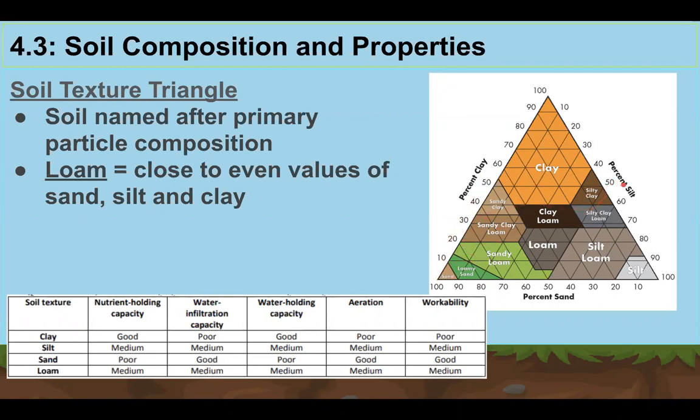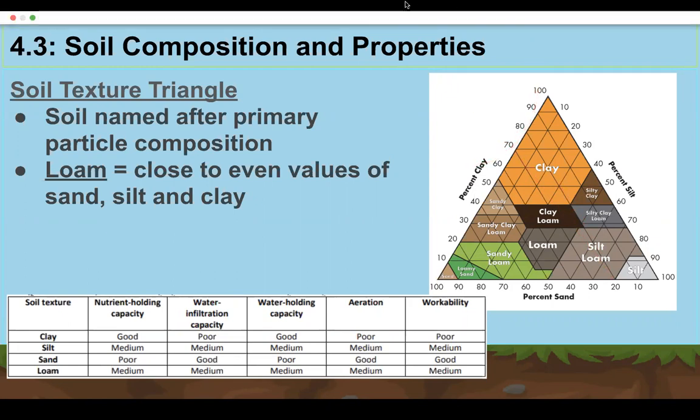For the percent silt, going down this way, you're going to be looking at the line that is going diagonally, but down to the left. Okay, so at any point, if I were to look right here in the center, well, we've got 60% clay, 20% silt, and then 20% sand. Okay, and that is all for our section today.